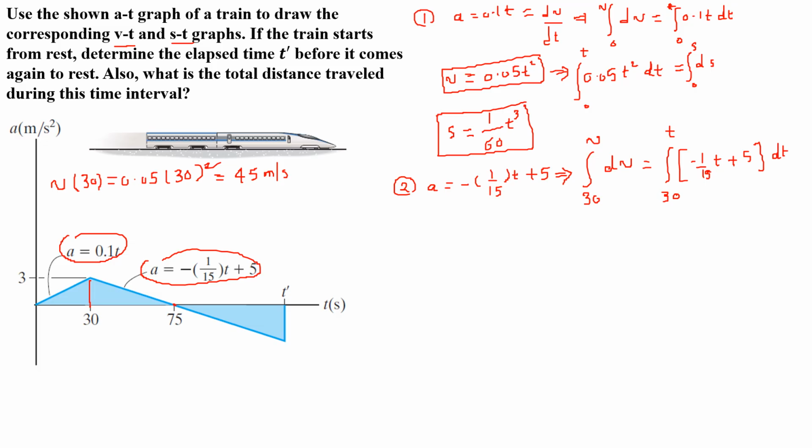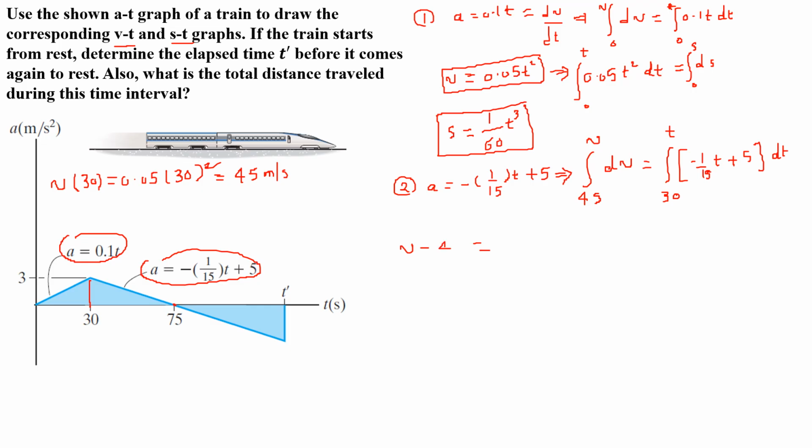Okay, now let us evaluate this. I'll have v minus 45, right? So we have found the velocity to be 45. I confused this with the time, so this is 45.